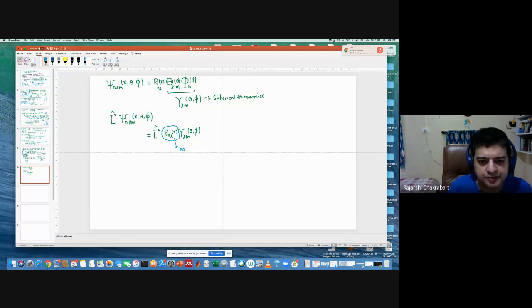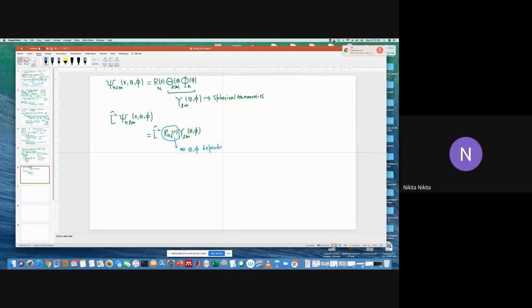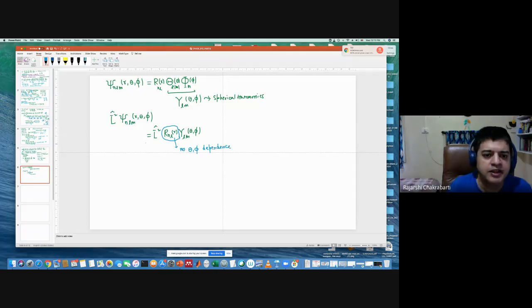Please say yes at least. Yes, yes, sir. So what does it mean? It basically means that I can take it out here. L square will not operate on this. So it is equivalent to saying I can put this R n l in front, and L square operates only on Y l m theta phi.